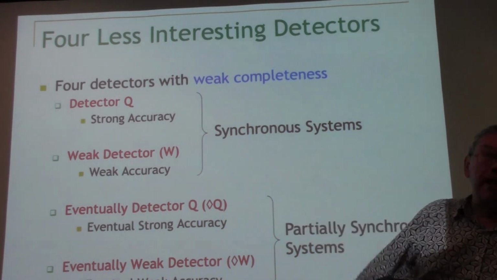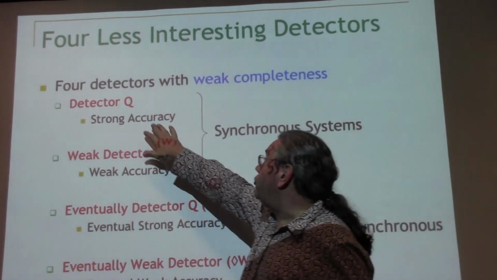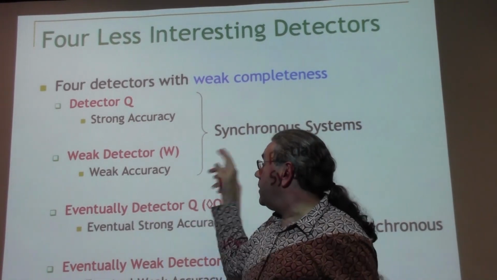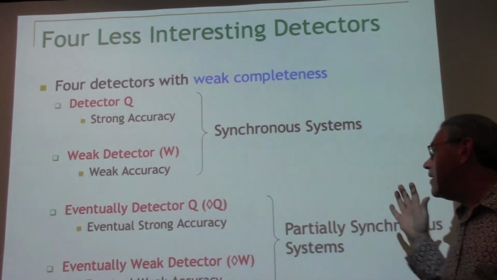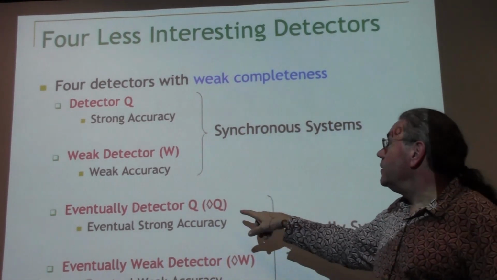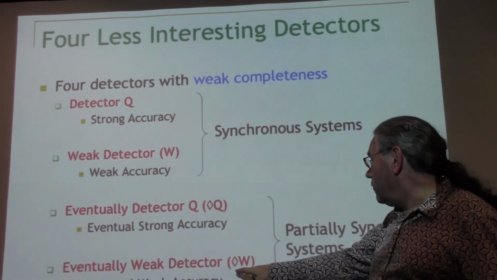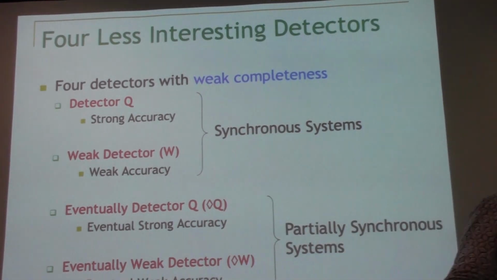These are systems where you have privileged nodes. You have detector Q, it's called detector Q. You have the weak detector, called detector W. Then you have the eventually Q, and you have the eventually weak. Okay. Why did they pick these weird letters, Q and W?